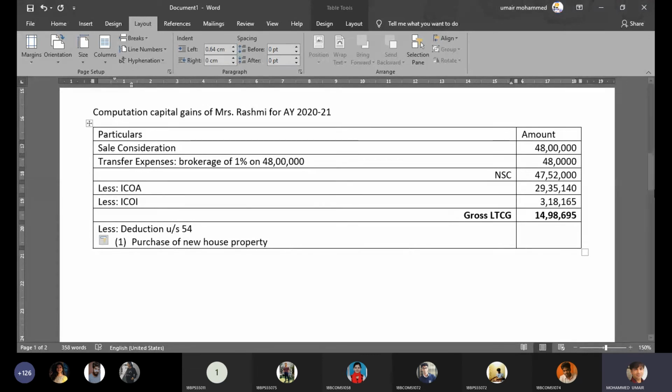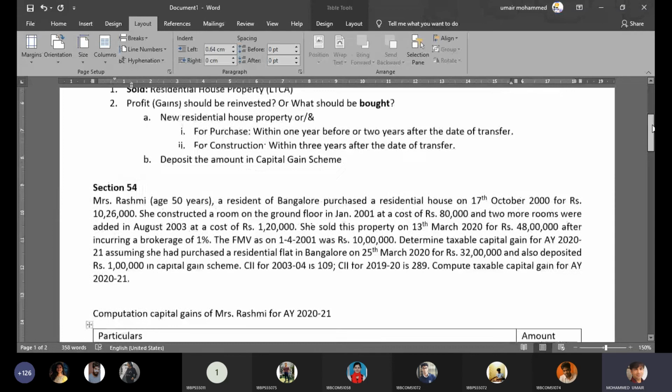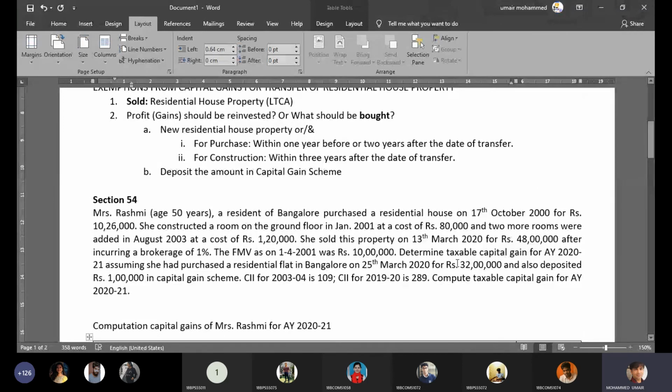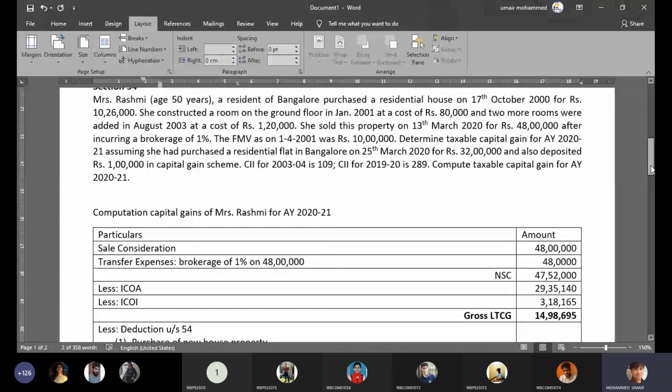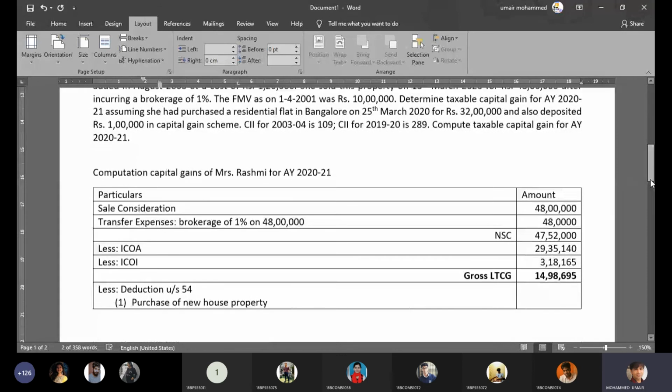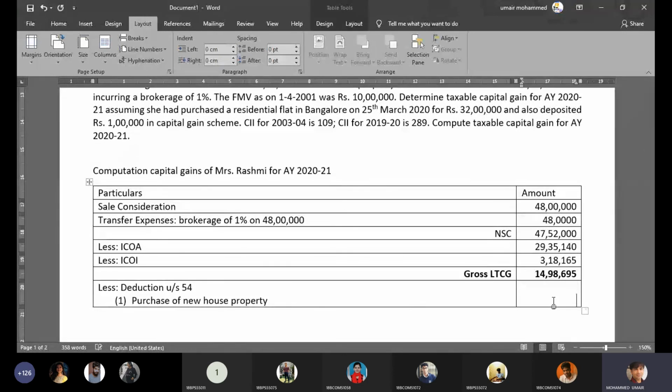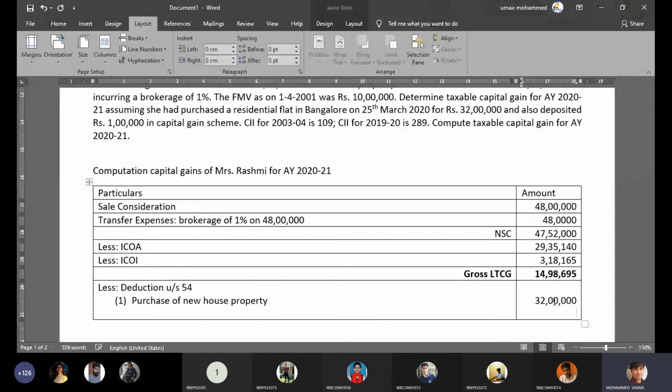So how much money did she spend to buy a new house? So Ms. Rashmi has spent 32 lakhs to buy the new house. Has she bought the new house as per the time frame given by the provisions of section 54? The answer is yes, because it says for purchase you have to buy within 1 year before or 2 years after the date of transfer. But she has bought within few weeks itself, right? So she is entitled for a deduction. She has spent 32 lakh rupees to buy a new house.